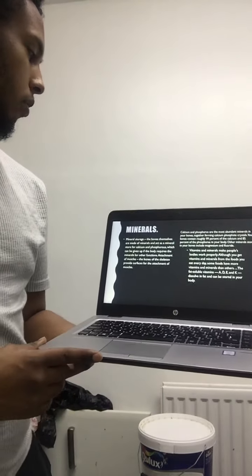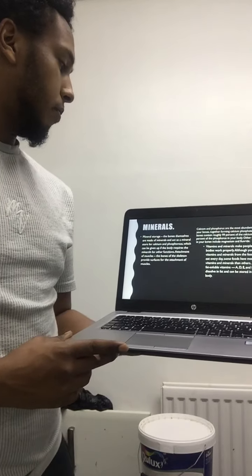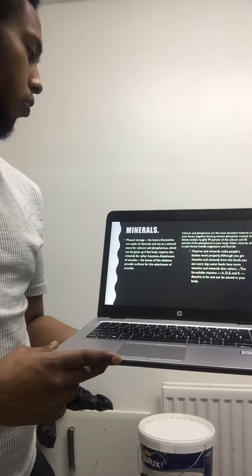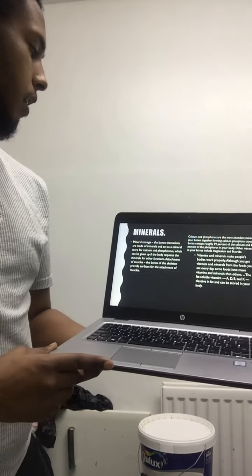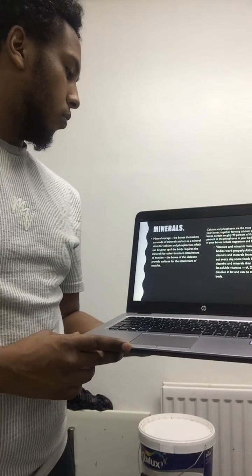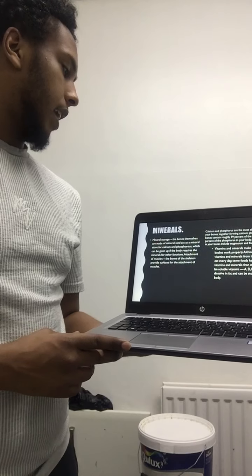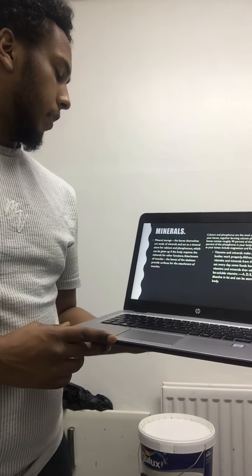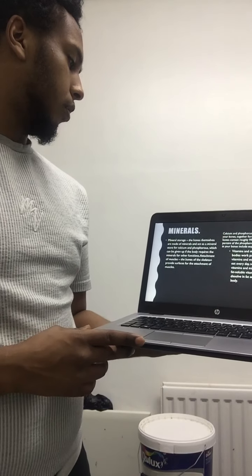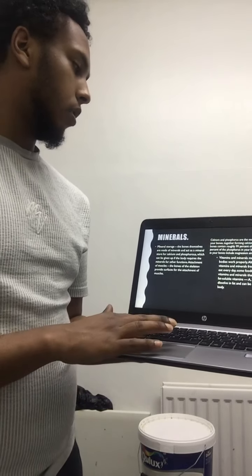Mineral storage. The bones themselves are made of minerals and act as a mineral store for calcium and phosphorus, which can be given up if the body requires the minerals for other functions. Attachment of muscles: the bones of the skeleton provide surfaces for the attachment of muscle.